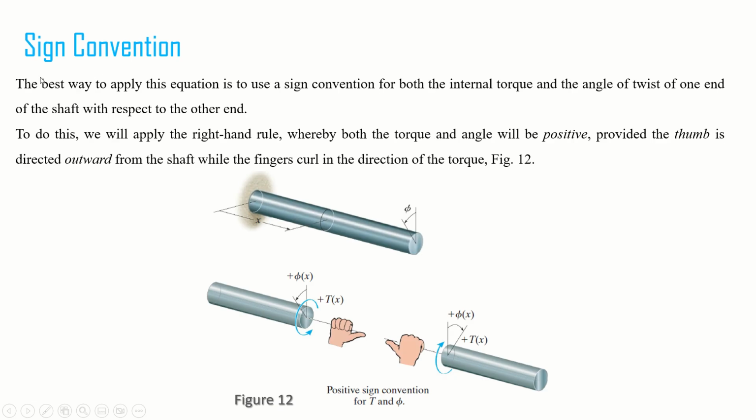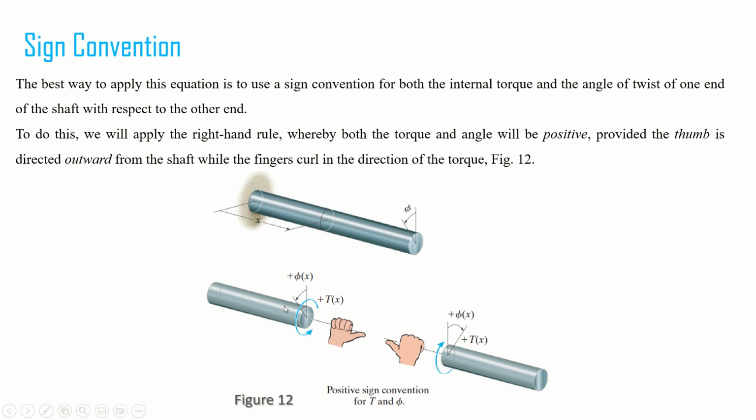Now one important thing is the sign convention. The best way to apply this equation is to use a sign convention for both the internal torque and the angle of twist of one end of the shaft with respect to the other end. If we take this cross section at a distance x, and the direction of your thumb is pointing away from this segment, then the torque will be positive, and your fingers curl in the direction of the torque, right?